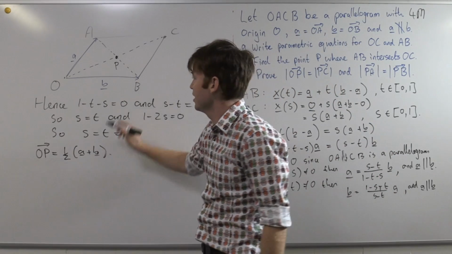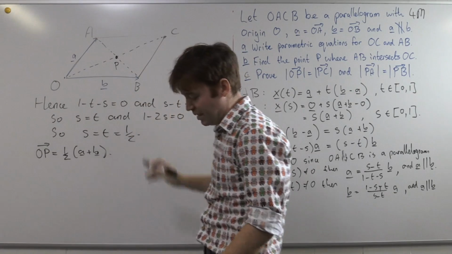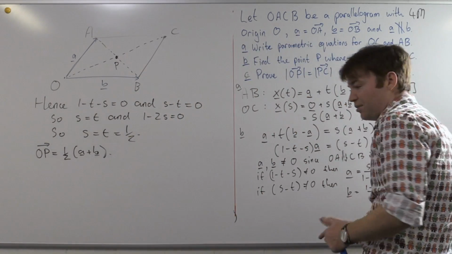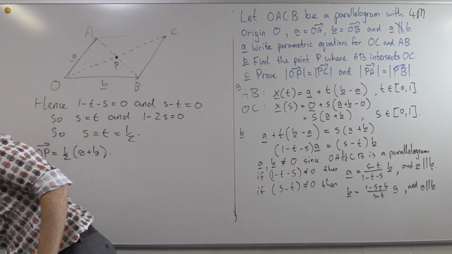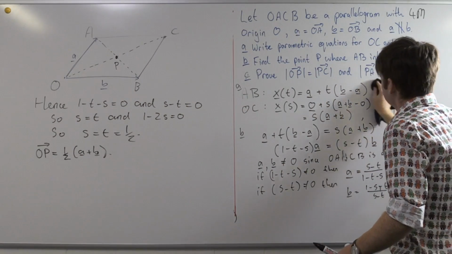Once you know that OP is half A plus B, then, well, I'm kind of leaning into part C now, so let's leave that, and go on to part C.